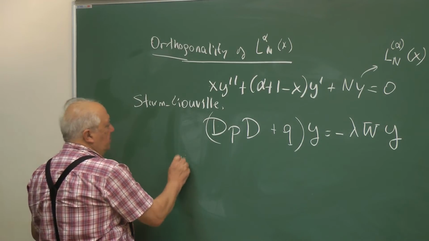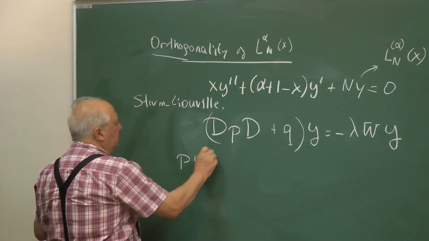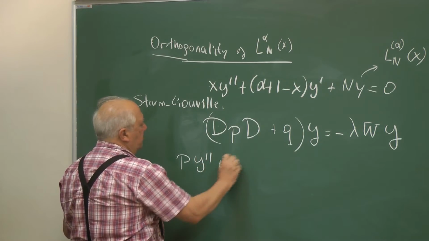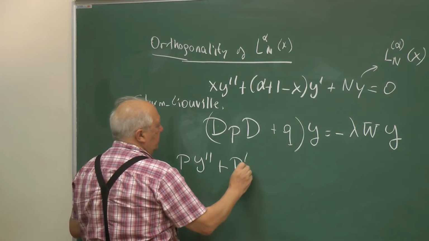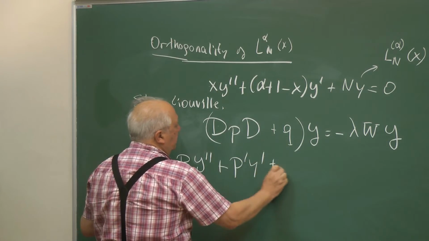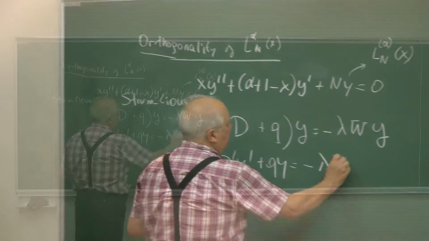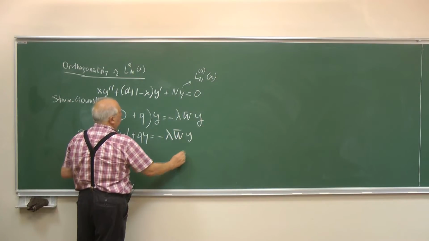So this reads p y double prime, second derivative, plus p prime y prime plus q y, that's equal to minus lambda w y.